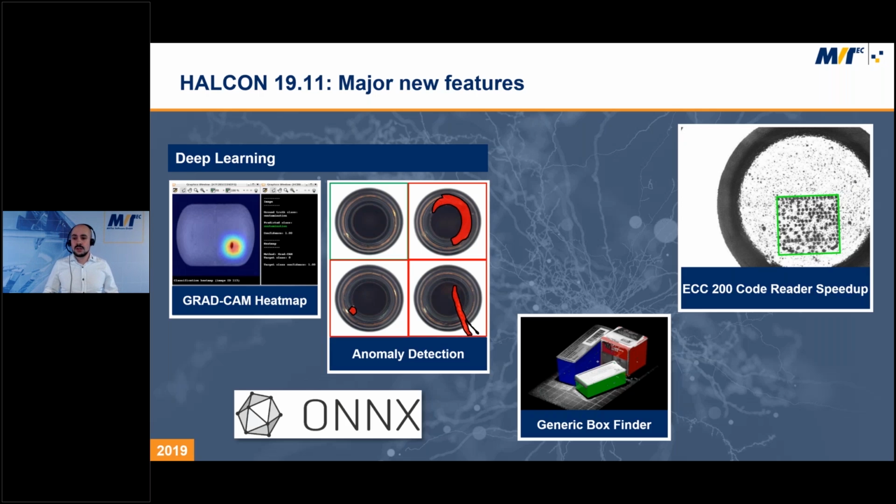Now, the only thing you need is 3D data and a box size range in height, width, and depth. This is all you need. Then you call one operator and you get the position and the sizes of the found boxes. So it is very easy to use and to solve applications where rectangular objects need to be found in 3D data.